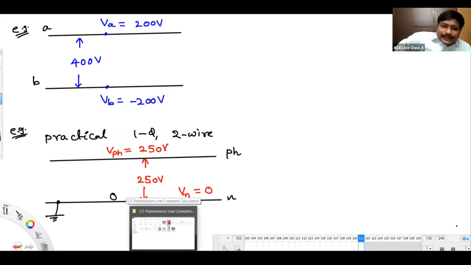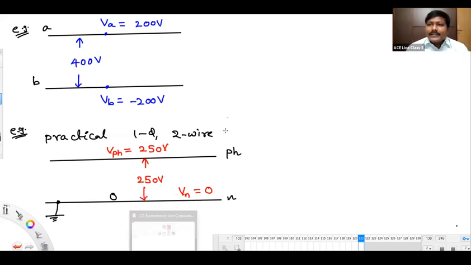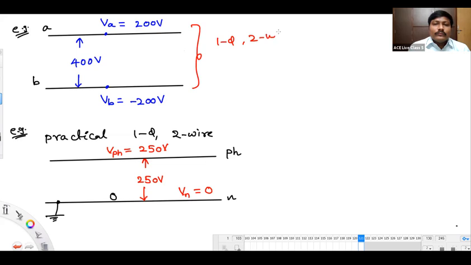But the system we are discussing now is a single phase two-wire system, but none of these two conductors is connected to ground. That type of system we are discussing here. So, single phase two-wire, and none of the conductors connected to ground.